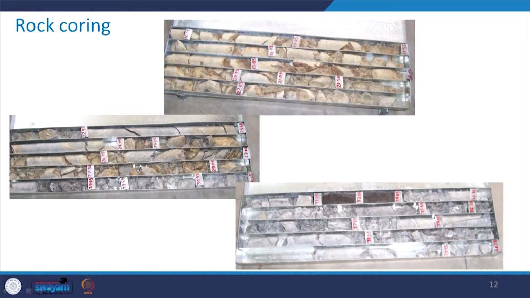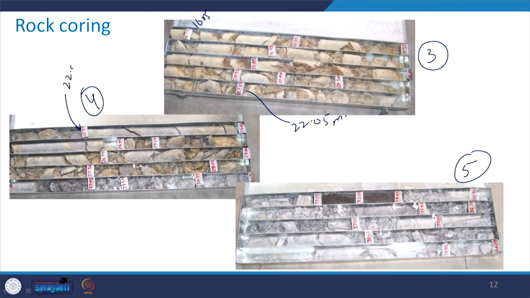See here, this is the third one, this is the fourth one and this is the fifth one. So, this is starting at 16.55 meter and ending here at 22.05 meter, and here this is 22.95 meter, and here it is 31.05 meter, and this is your 32.05 meter, and likewise this goes up to 40 meters.